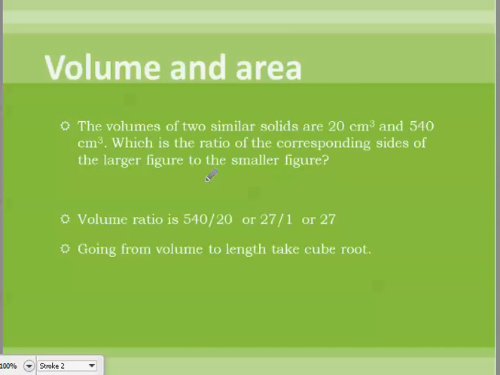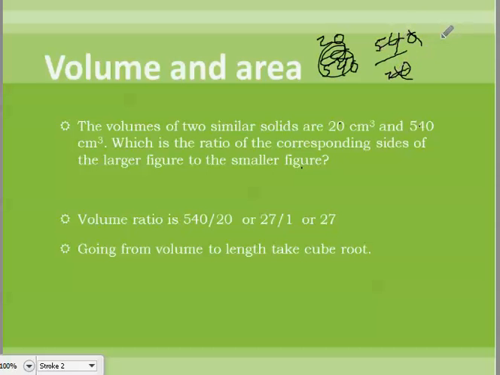So, the volumes of two similar solids are 20 and 540 centimeters. I'm just going to write that down. 20 over 540. Okay? The ratio of the corresponding sides of the larger figure to the smaller figure. Well, they want it larger to smaller. Turn it around. 540 divided by 20. And they want me to reduce it.